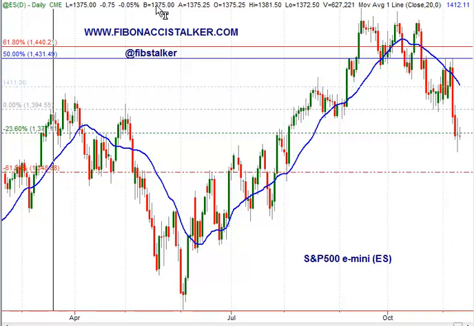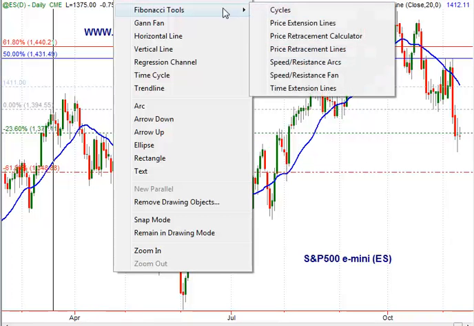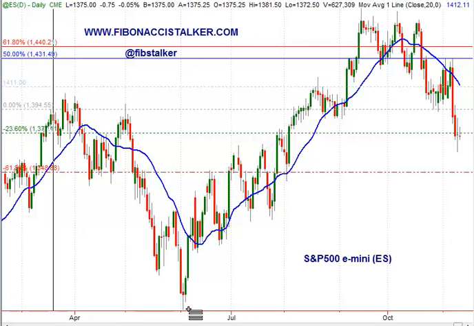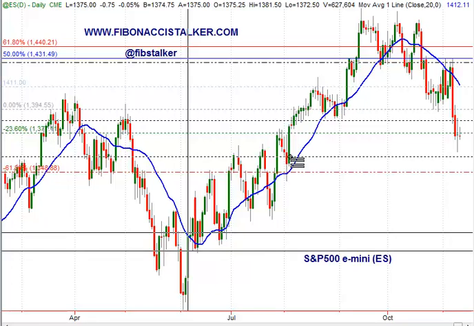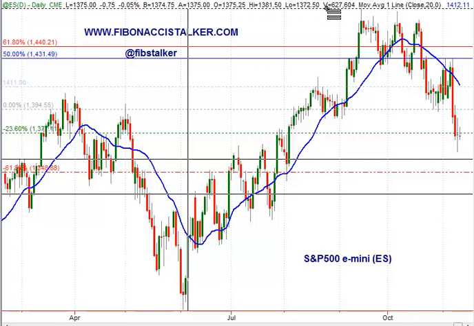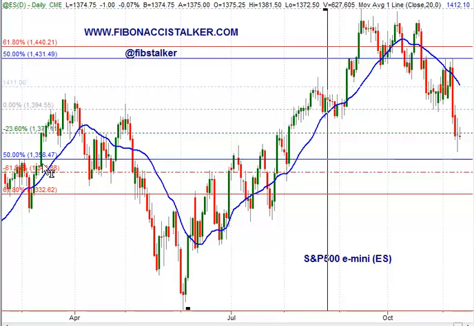So on the other side, we can notice that we did not have support just yet. Price was not able to reach the 1,360 area where we expect support and we expect participation on the upside.